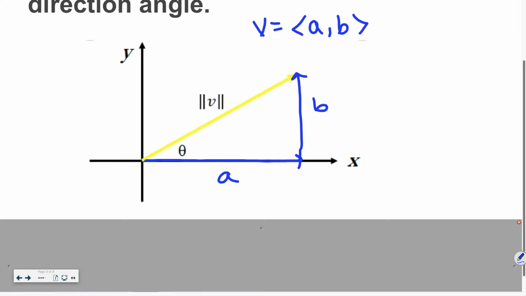What is the vertical component? Take a moment to talk about how we might figure out the horizontal and vertical components if we know the magnitude and direction. How do we find the blue if we know the black? 1, 2, 3, go.